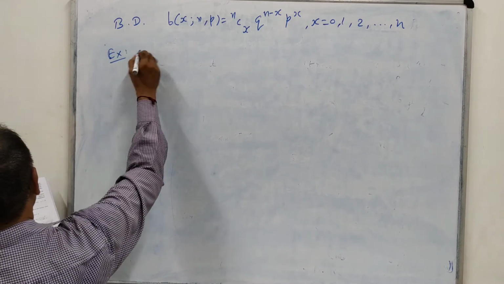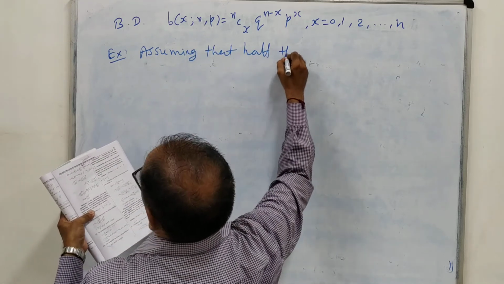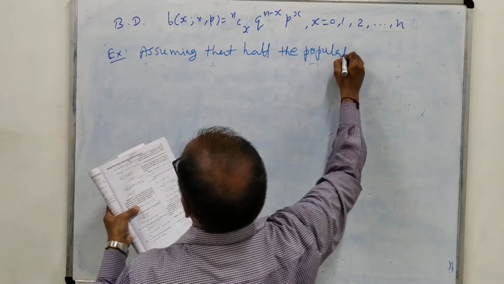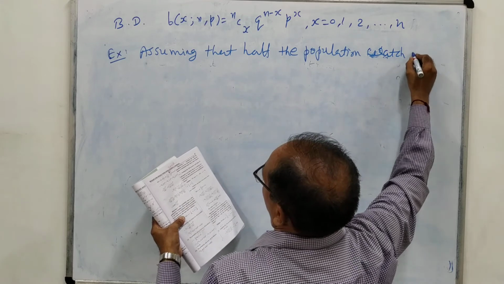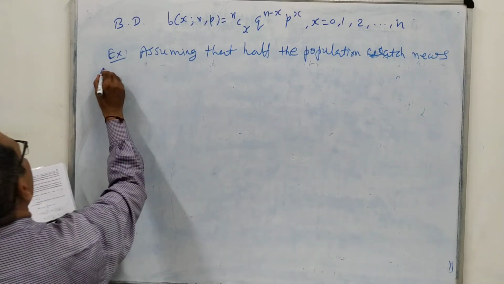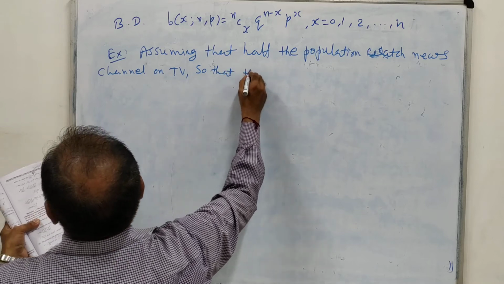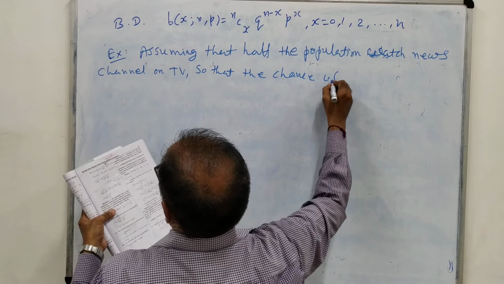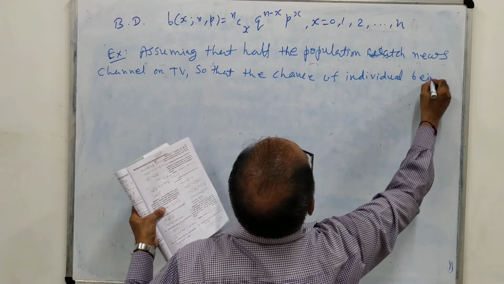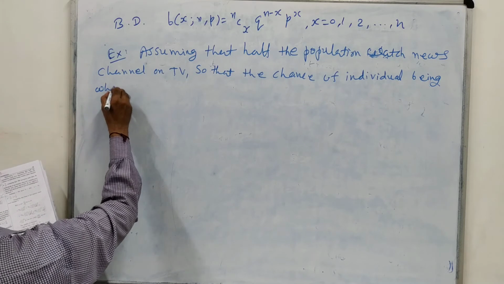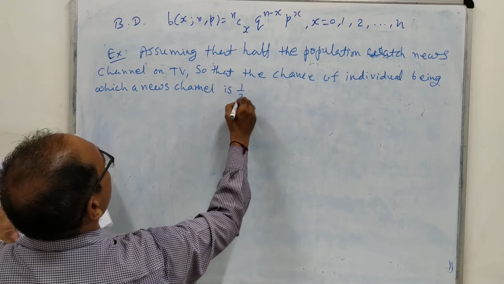So example, assuming that half the population watch a news channel on TV, so that the chance of an individual being with a news channel is 1/2.